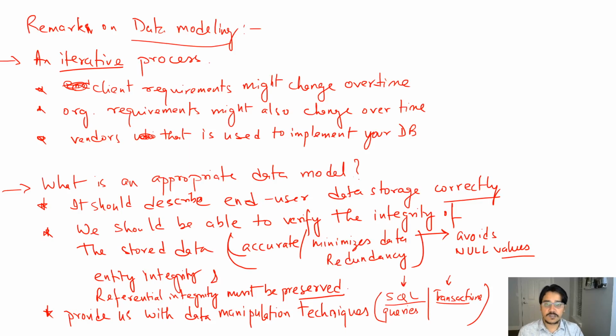All you need to specify is what transformation you want, and then outline that by using the syntax of the non-procedural language. And then the data model provides you with the inbuilt techniques to implement those transformations. Okay, so these are some of the essential properties that should be present in the data model that you select, whichever you end up selecting.